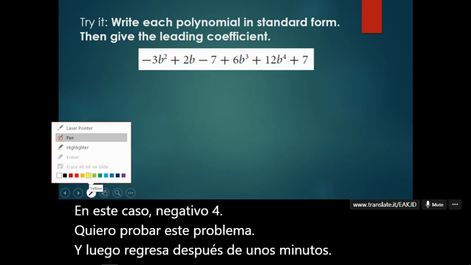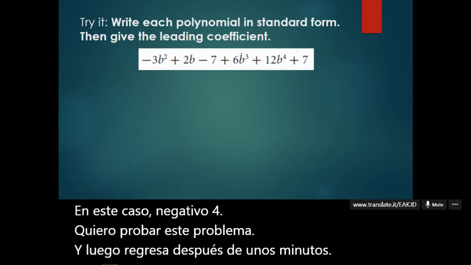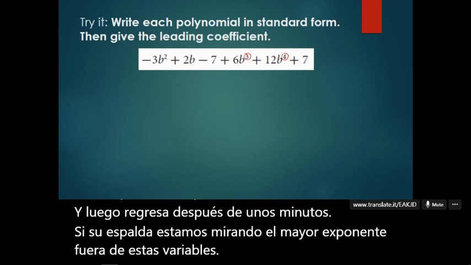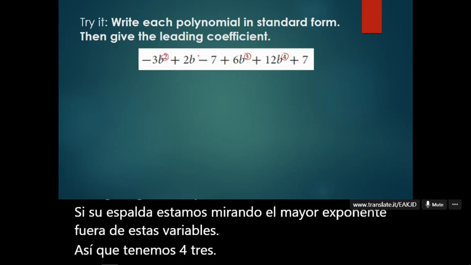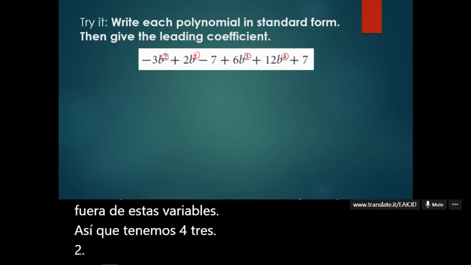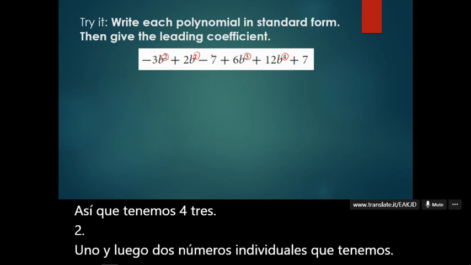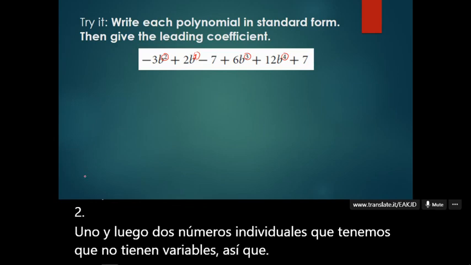If you're back, we are looking at the biggest exponent out of these variables. So we have 4, 3, 2, 1, and then two single numbers which have no variables, so we'll leave them for last.